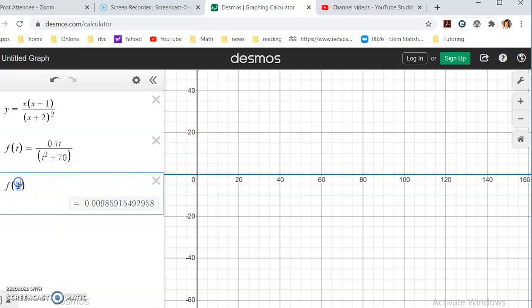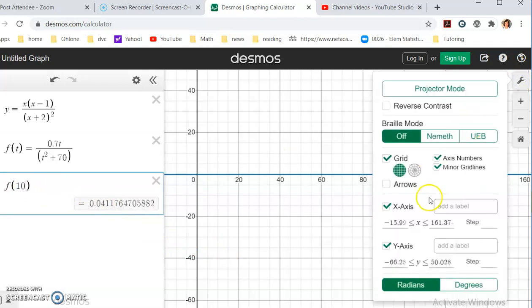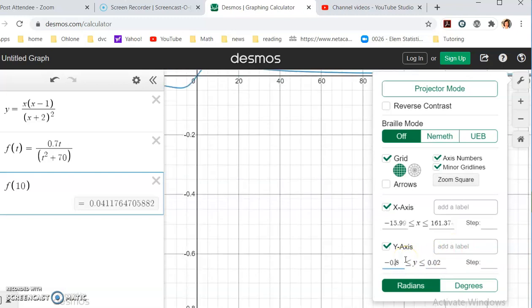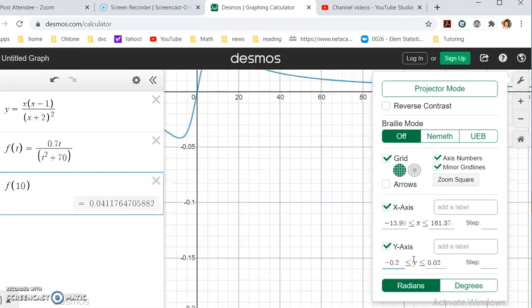When t is 2, what happened? It's still about 0.1. When t is 10, what happened? It's 0.0-something. So you would know that your y can never be that big. Your y maybe just goes up to 0.02 at most, and the lowest would be negative 0.002, to see what happens.